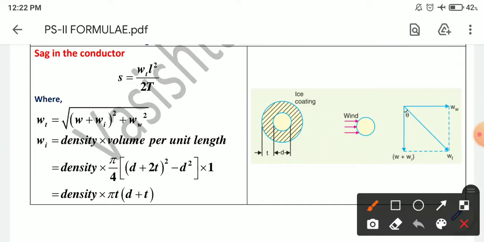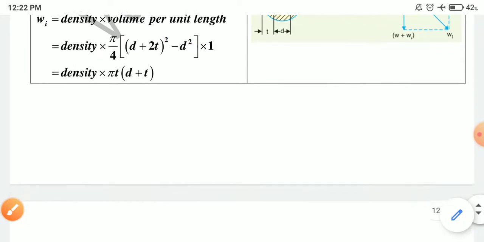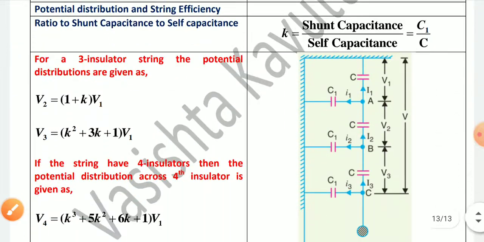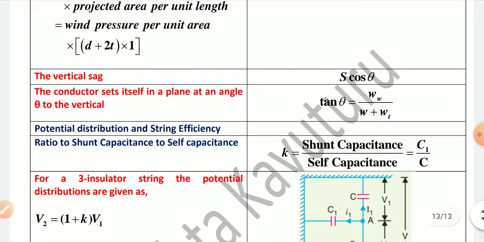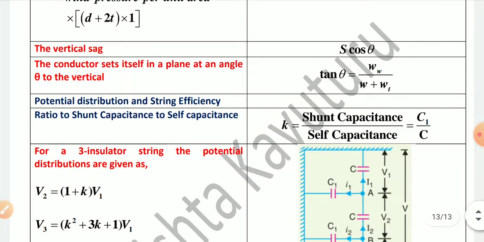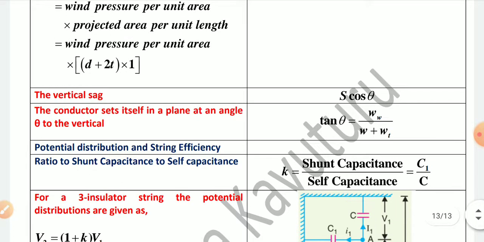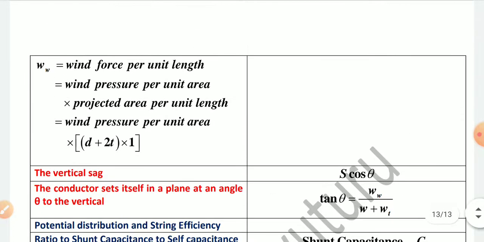Tan theta means opposite by adjacent. Opposite is nothing but Ww, adjacent is nothing but W plus Wi. Therefore tan theta becomes Ww by (W plus Wi). So these are the formulas regarding sag calculations.